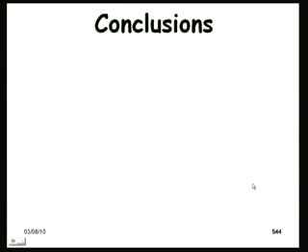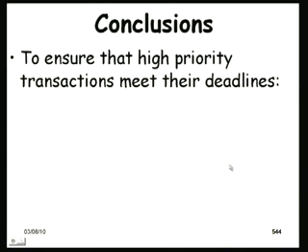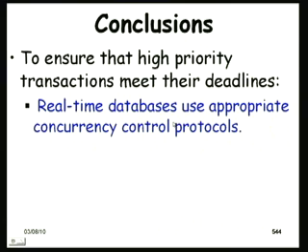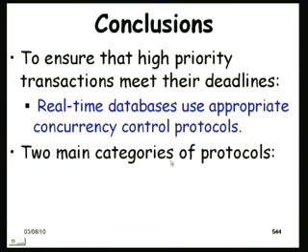So, now let us conclude our discussion on real time databases. We observed that to ensure the high priority transactions meet their deadlines, the concurrency control protocol is an important mechanism that is used, and therefore, concurrency control protocols are a very important parameter in designing real time databases.